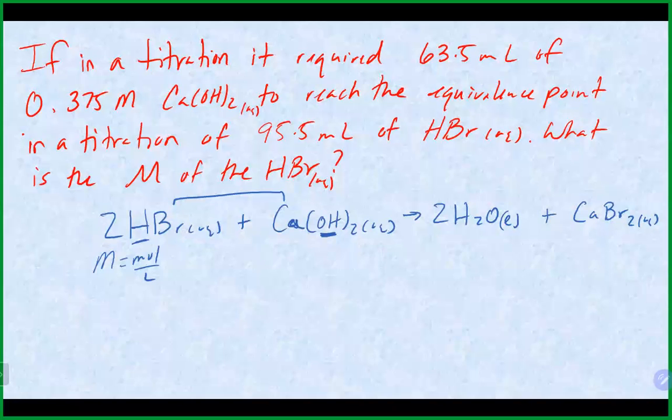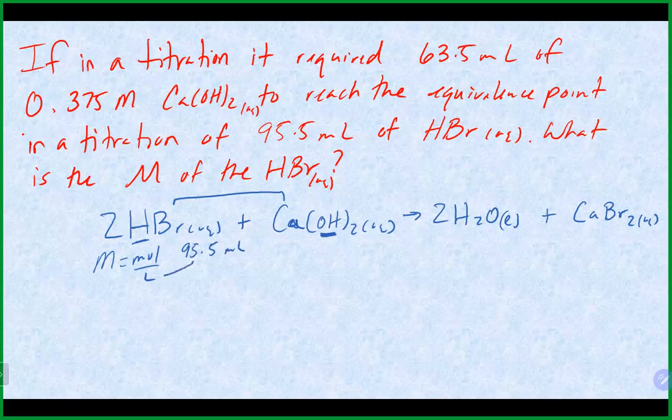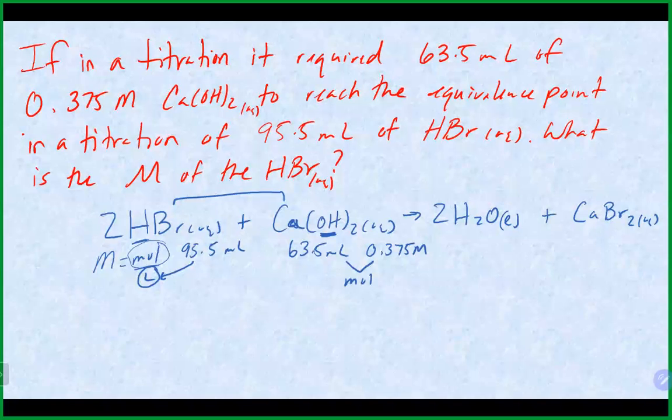We are given the volume, 95.5 milliliters. So that does mean that we do have the liters part here, but we do not have the moles part. So we're going to get that moles part really from the other reagent. And that is because we do have the volume and we do have the molarity of this guy, which means we could get the moles of our calcium hydroxide using some stoichiometry, right? That will then allow us to get over to the moles of the HBr that we need.